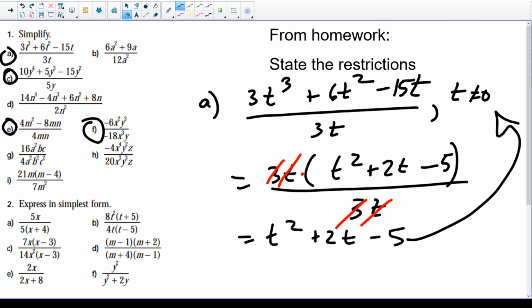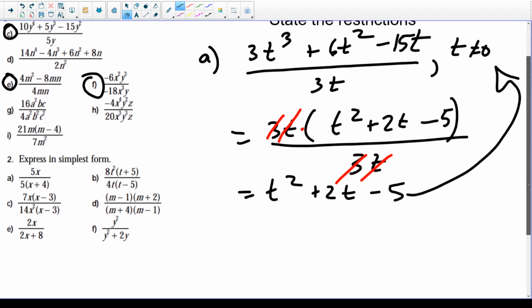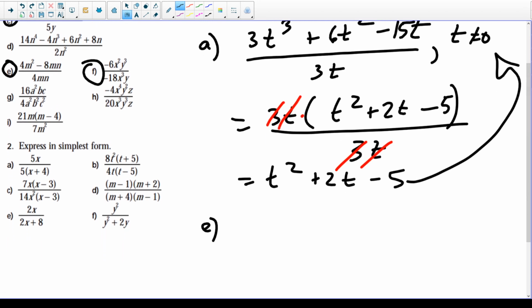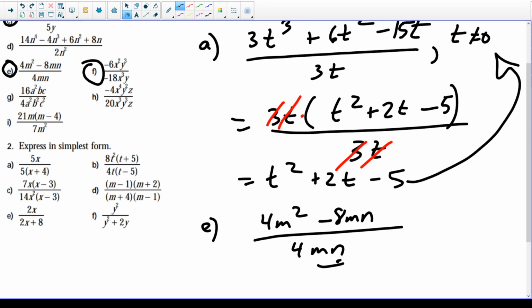C is the exact same thing as A. I'm not going to do C. If we look at E, which I had not shown you an example of, what happens if you have multiple letters in the denominator? Well, you treat them individually. Forget about the n for a second.